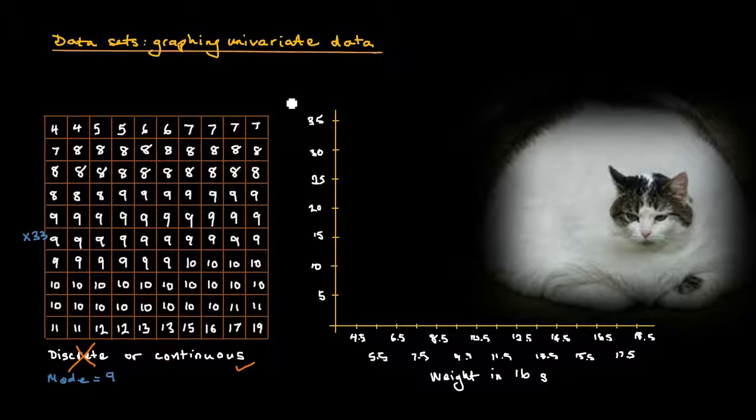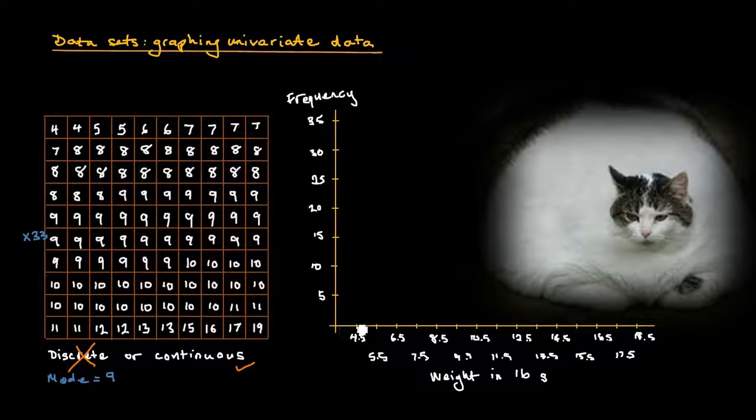Up to 35. And this axis is recording frequency of weights. Okay, so let's label our axes. Now what we've got to do is transfer the data onto the graph.